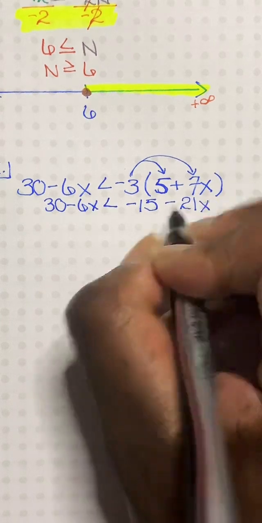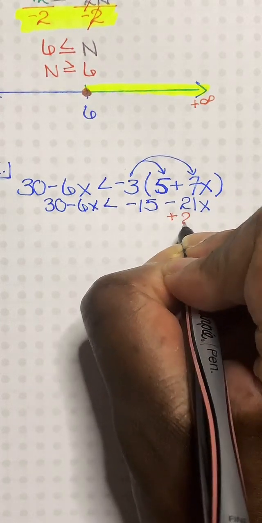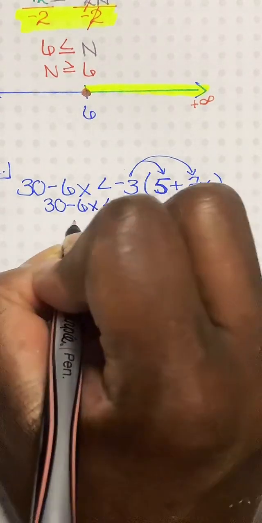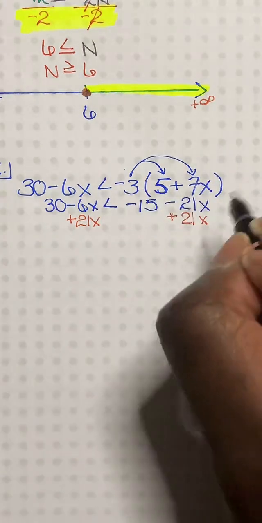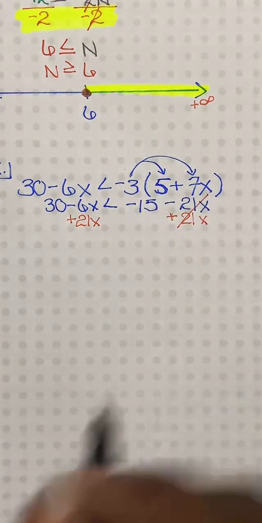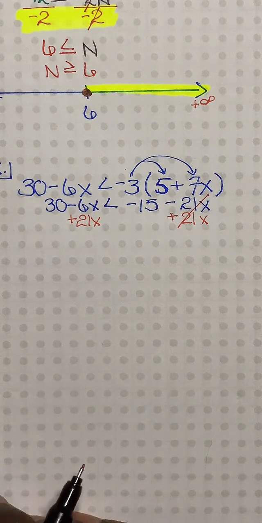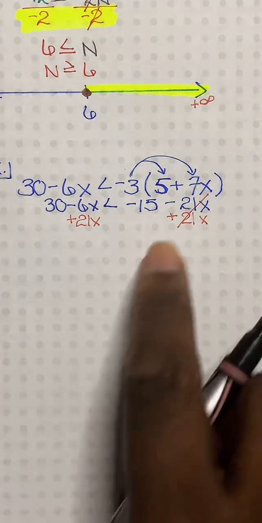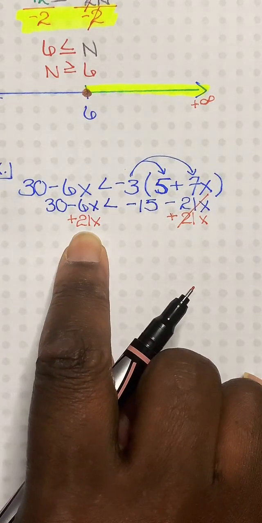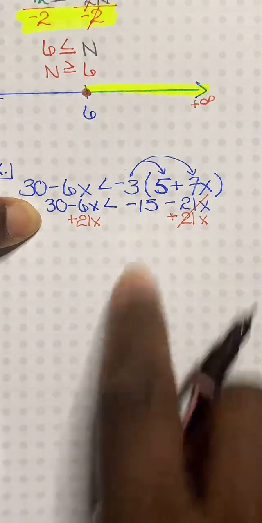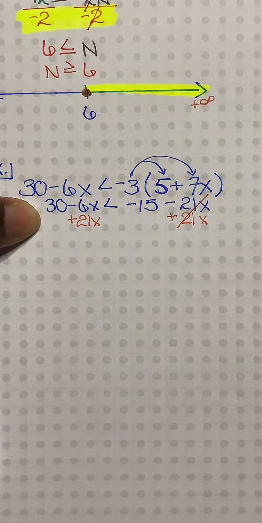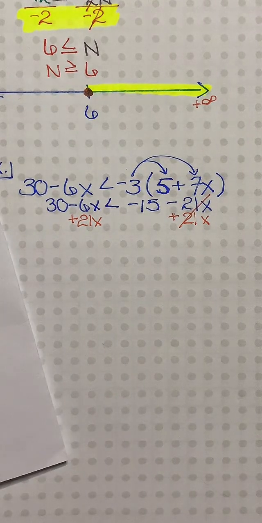Let's add this 21x to both sides. Okay. So they can cancel out. Now, this is another thing we can do. If we're moving our x's over here, couldn't we move this 30 over here to kind of put everything on, I don't know, one line?